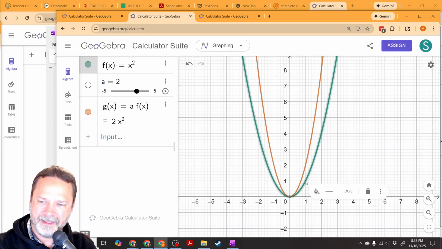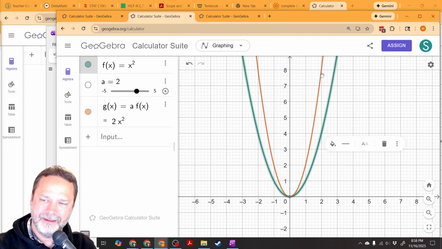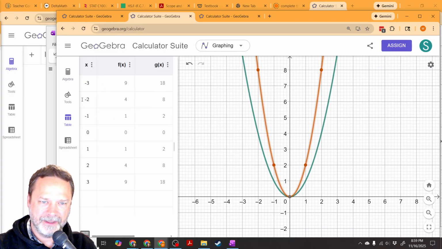Where I had a 1 here, double it, we get 2. Where we had 2 comma 4, 4 high, now it's 2 comma 8. We're making those values larger faster. And if we wanted to, we could look at these tables of values, and you can see 9 versus 18, 4 versus 8, 1 versus 2. All those values are getting twice as big, twice as fast.